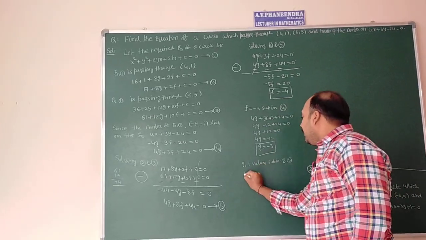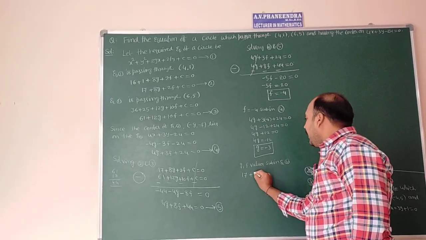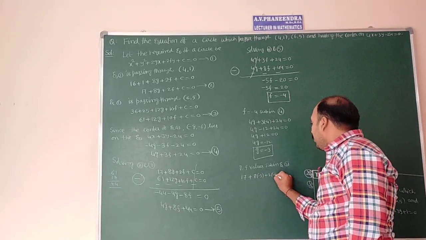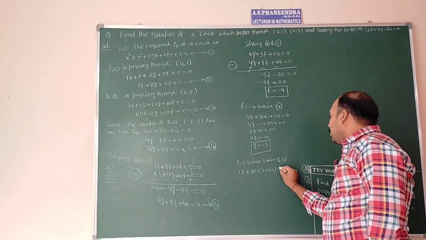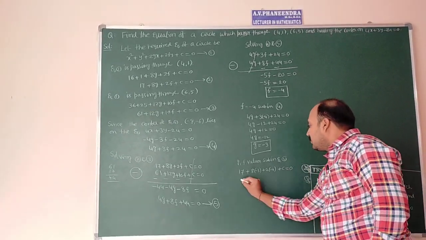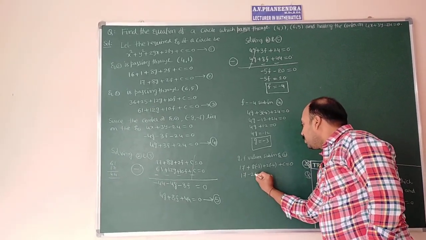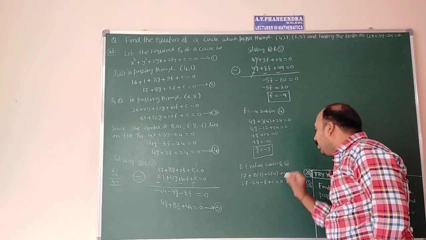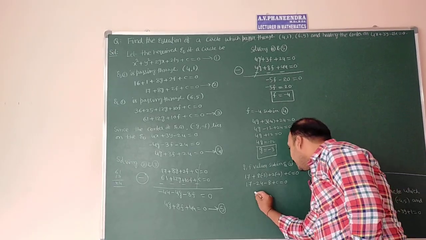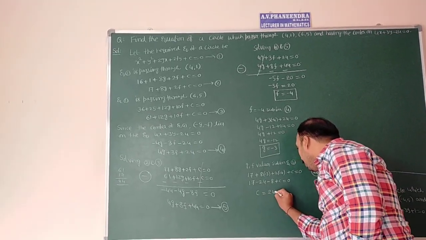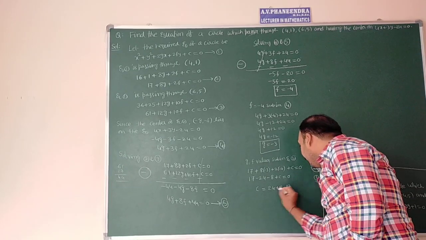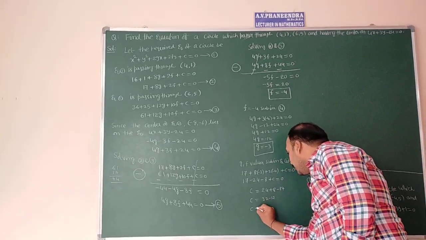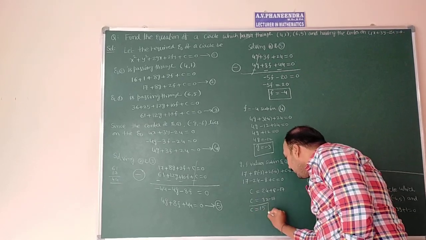So 17 plus 8 into minus 3 plus 2 into minus 4 plus c equal to 0. 17 minus 24 minus 8 plus c equal to 0. So c equal to 24 plus 8 minus 17. C equal to 32 minus 17. So c equal to 15.